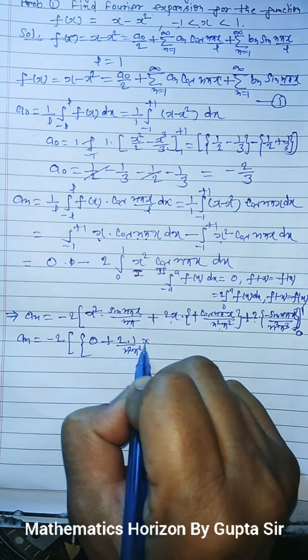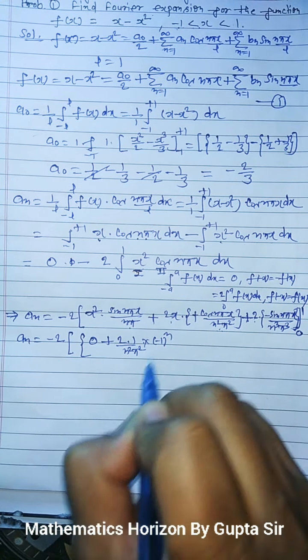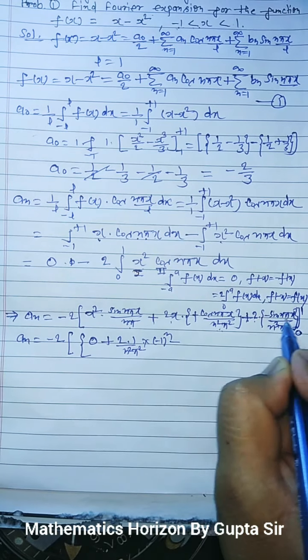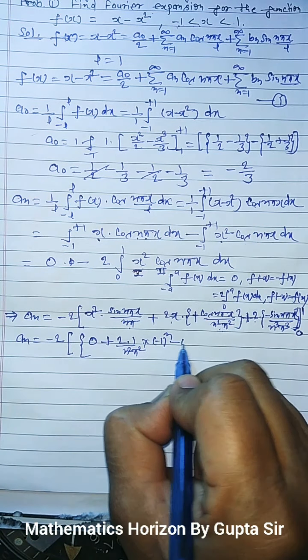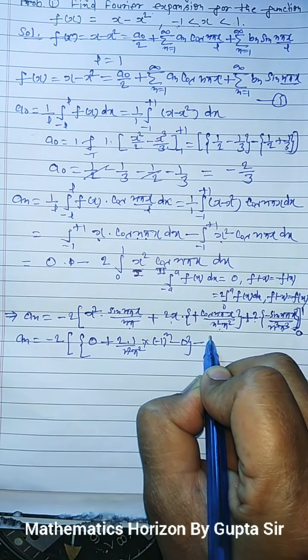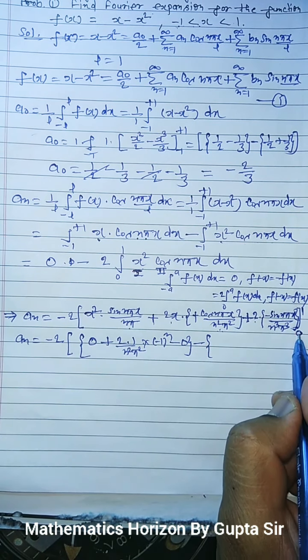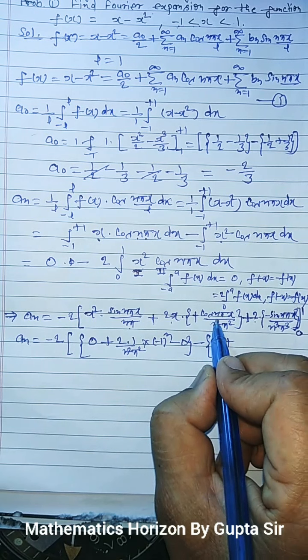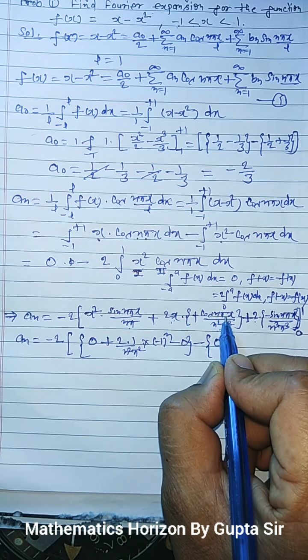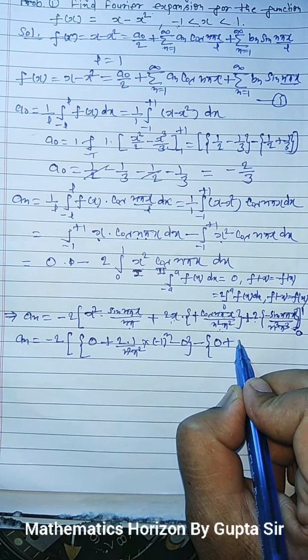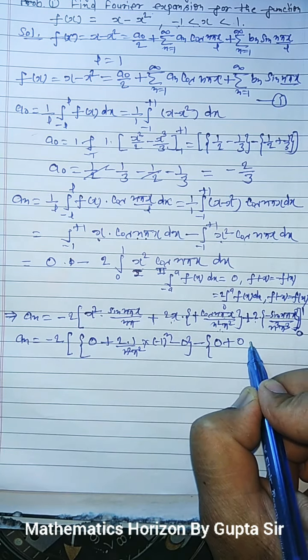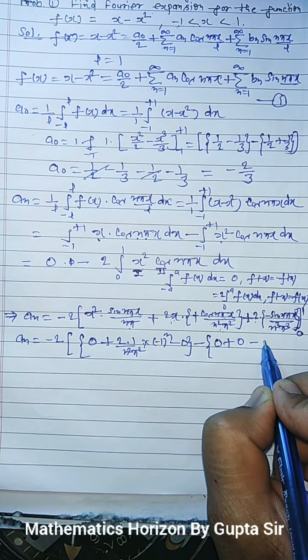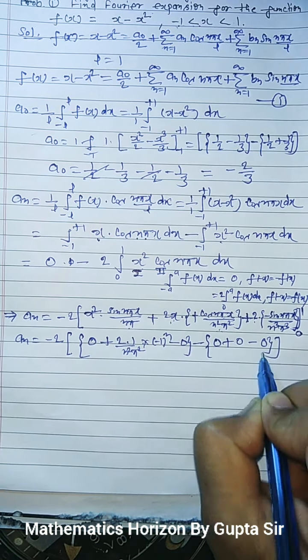Cos n pi is minus 1 to the power n, minus here we have sin n pi term, again this is 0, minus lower limit is x equal to 0, 0 into this 0, plus 0 into cos 0 means this is 0, and again here sin n pi, again this term is 0.